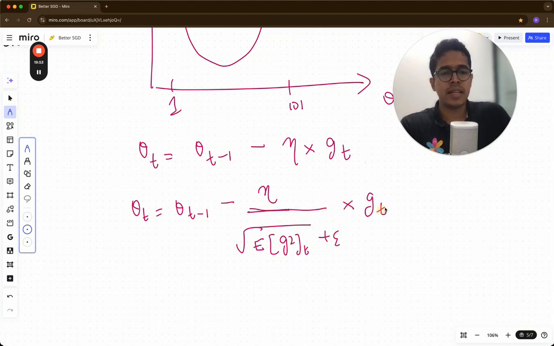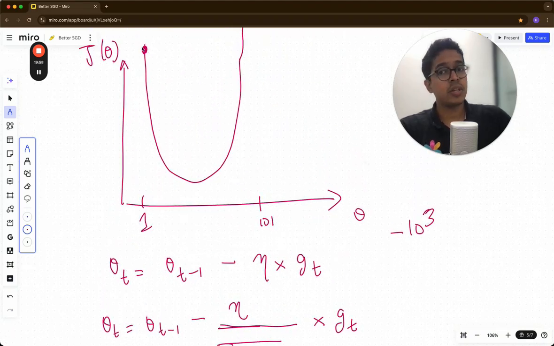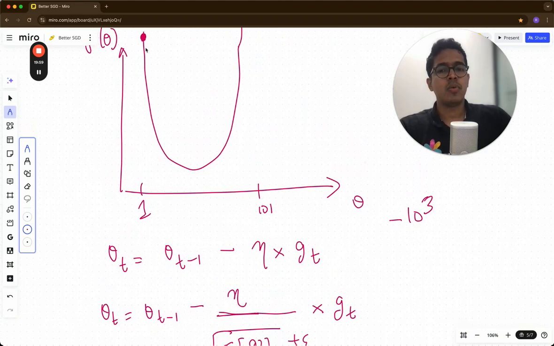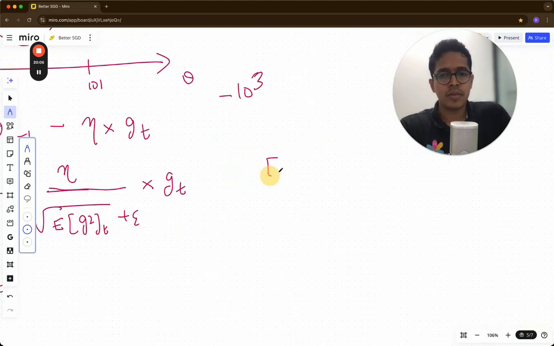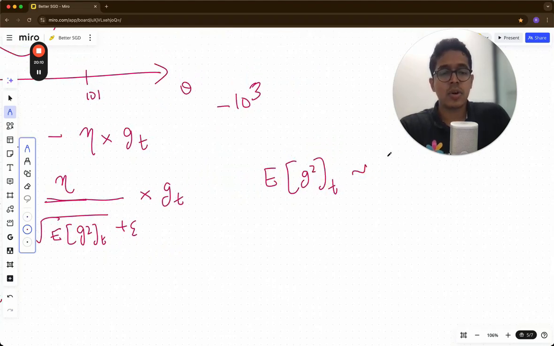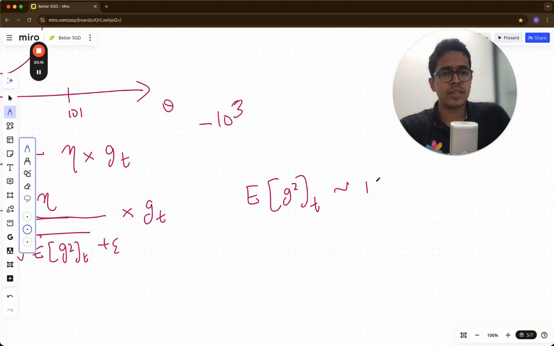Now if you are in time step 1 or time step 2 or something like that, the moving average will be very close to the current value of g t. So you can say that this is approximately equal to the square of the gradient itself. So let's say 10 raised to 6, something close to that.